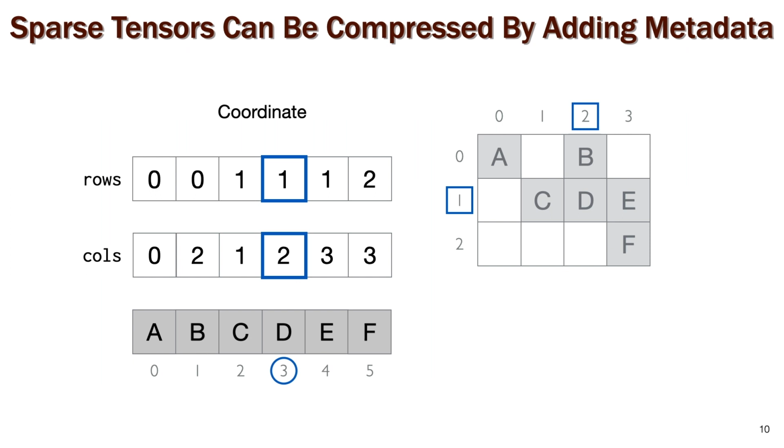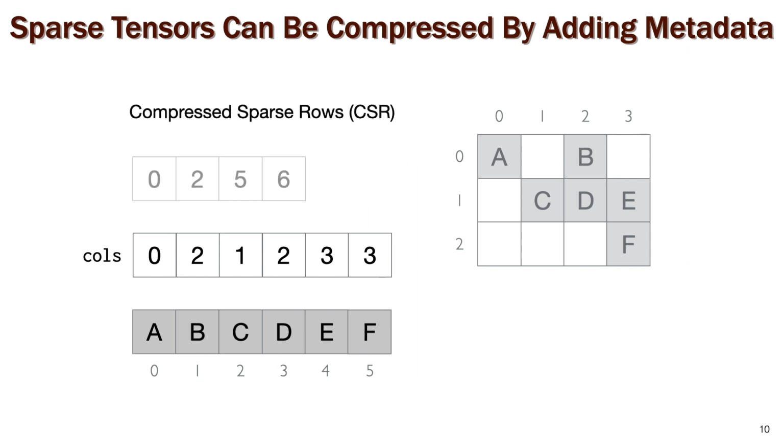You look at row 1 and you find column 2 in there, and then you suddenly know the index of the data. However, one thing people realized is that there's a lot of redundant data in the row representation. So you can eliminate these duplicates in a format called compressed sparse row format. There, you have a very compressed representation. Now from that, I can find my values.